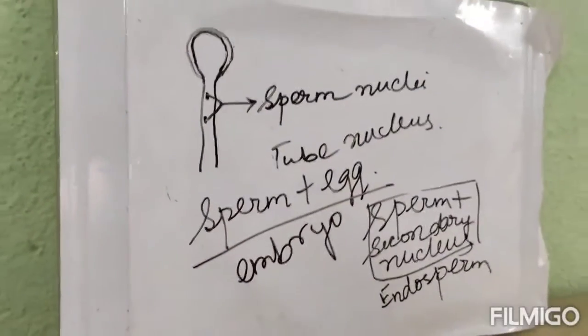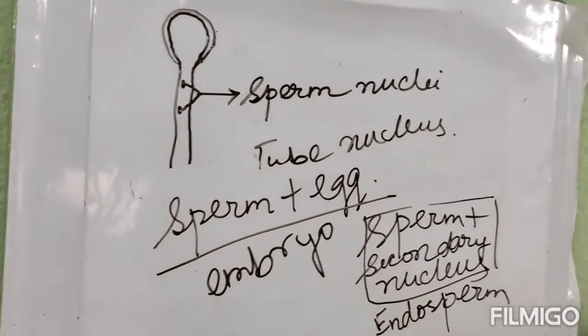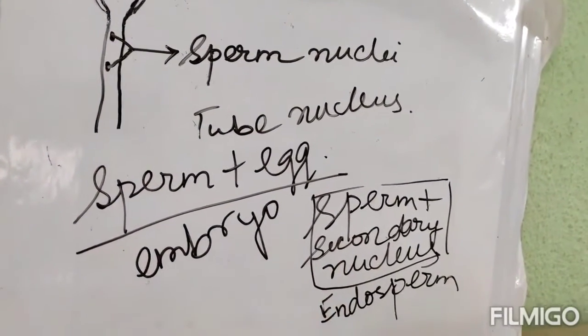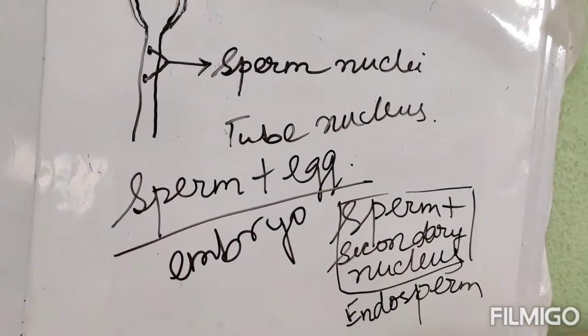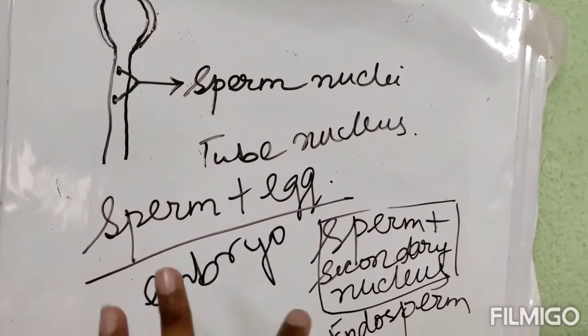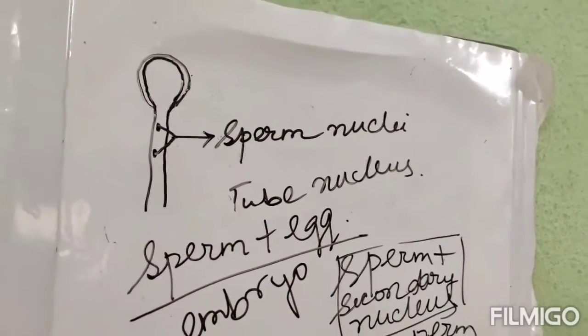Got it? This is the general thing: one sperm will fertilize the egg and form the embryo, and the second sperm will fuse with the secondary nucleus and form the endosperm. This is the general structure of the male gametophyte and how it enters into the ovary.